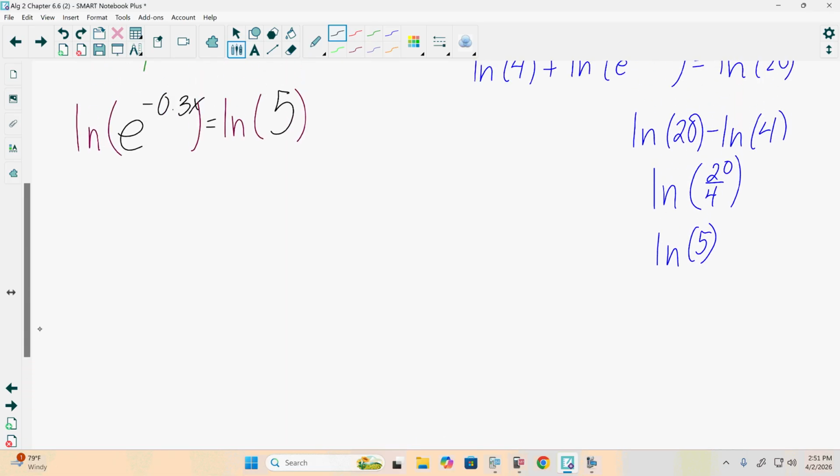All right. Power property. So we move that negative 0.3 to the front, so we have negative 0.3x times the natural log of e. Yes? And what is the natural log of e?